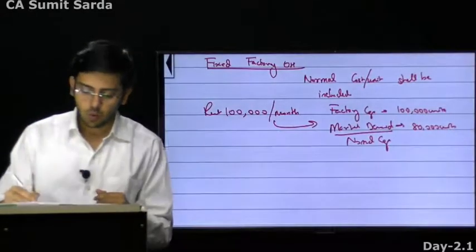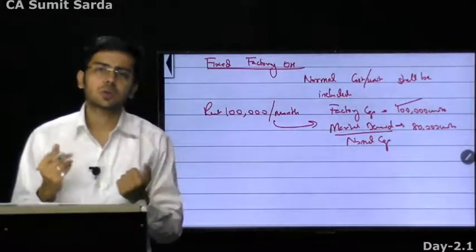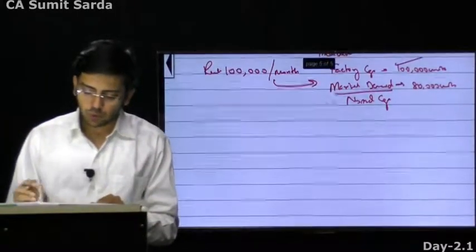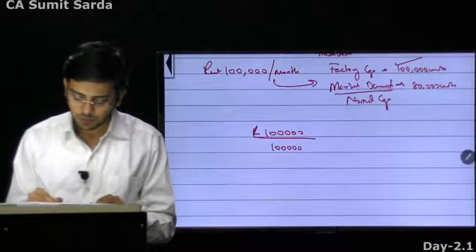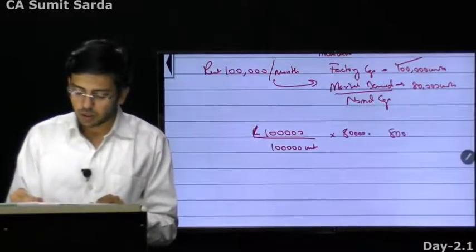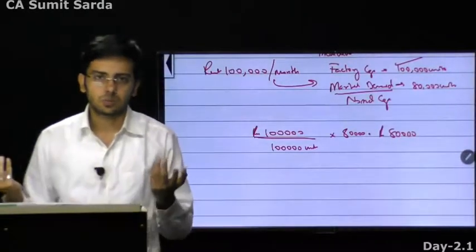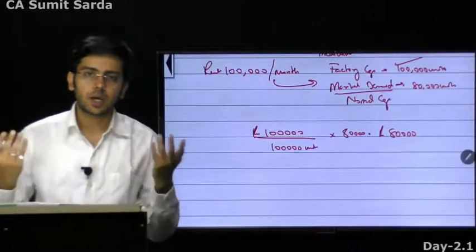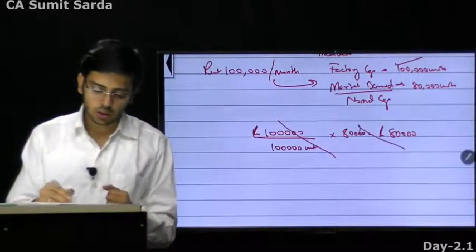Sir, why so? Why not 1 lakh units? Because we are never going to manufacture 1 lakh units. Suppose we manufacture 80,000 units, and I divide 1 lakh rupees by 1 lakh units, then only 80,000 rupees will be allocated. And what about the remaining 20,000? I have expended it from my pocket, but I am not allocating it anywhere. So this will be a wrong thing.